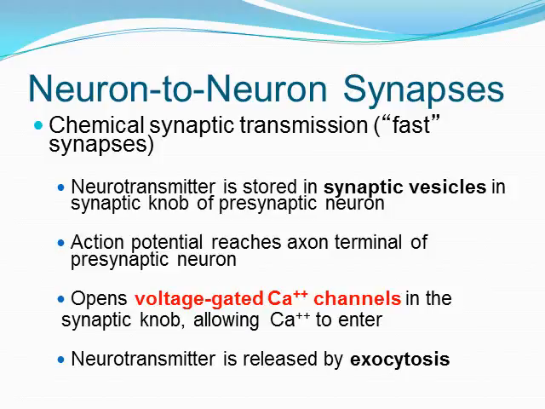It is the opening of these voltage-gated calcium channels: calcium comes in, binds to the vesicles, and causes them to bind to the membrane at the synapse, exocytose, and release the neurotransmitter. This is the most common example. There are other mechanisms by which this occurs, but this is the classic example. So voltage-gated calcium channels open, and calcium enters and causes the exocytosis of those synaptic vesicles, which contain the neurotransmitter.